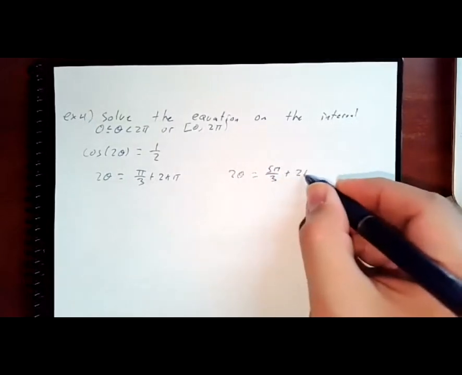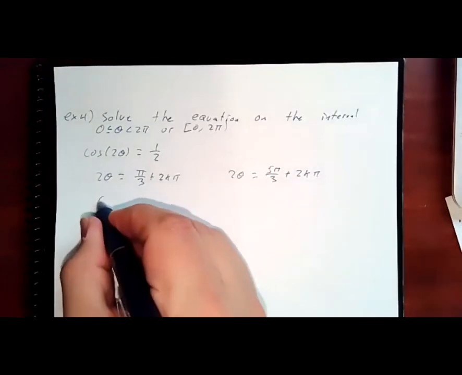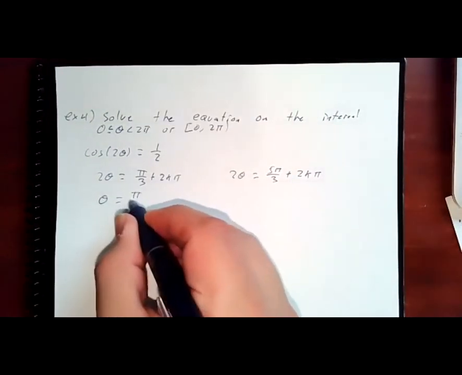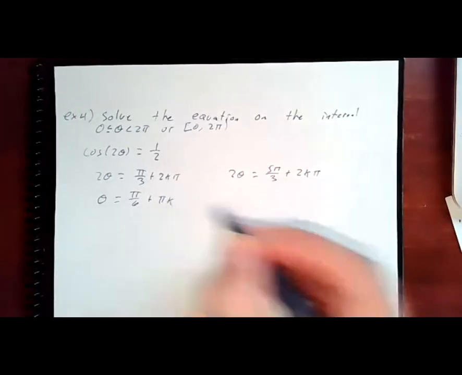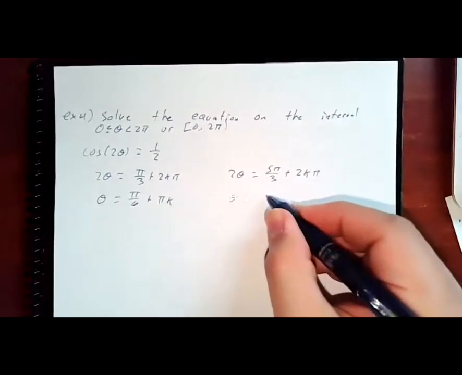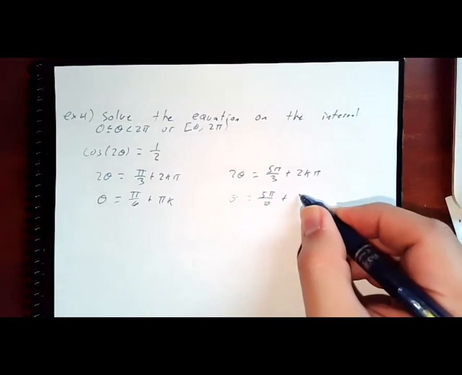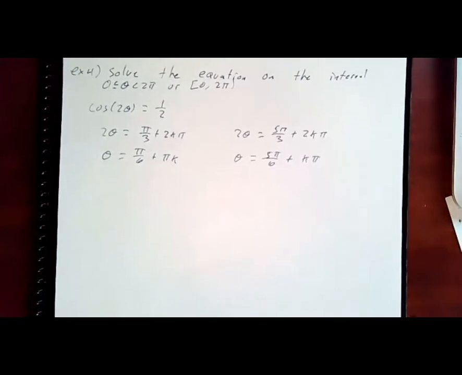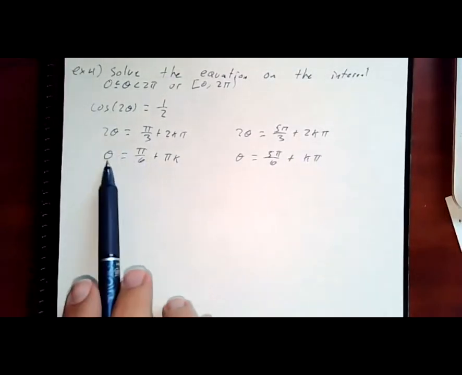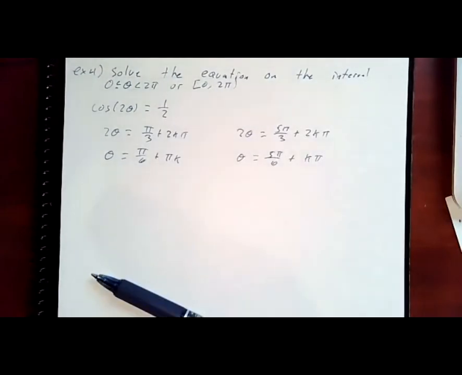Dividing both sides by 2, that would give us pi over 6 plus k pi, and this would give us 5 pi over 6 plus k pi. I skipped the division, but you see how I divided every single piece by 2, right? Is that clear or no?